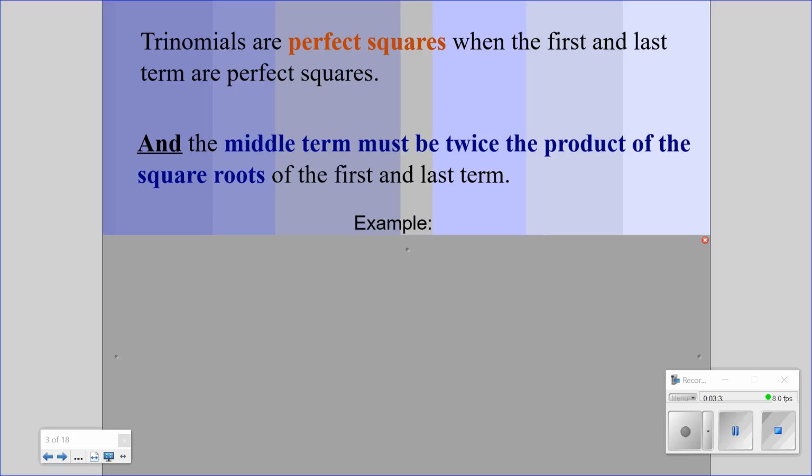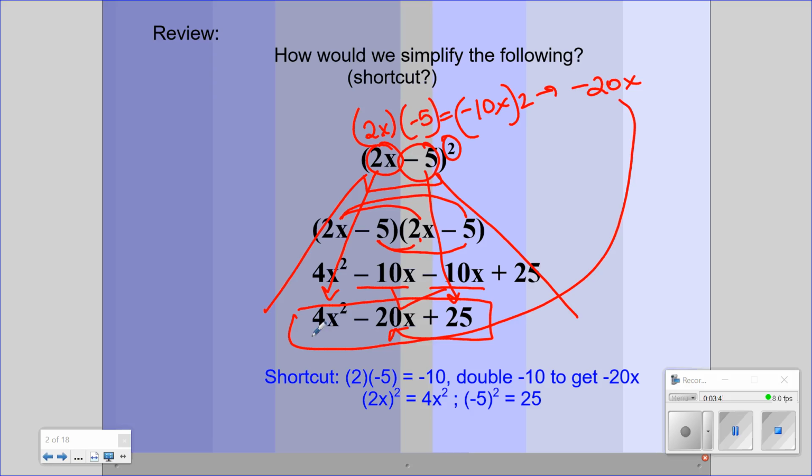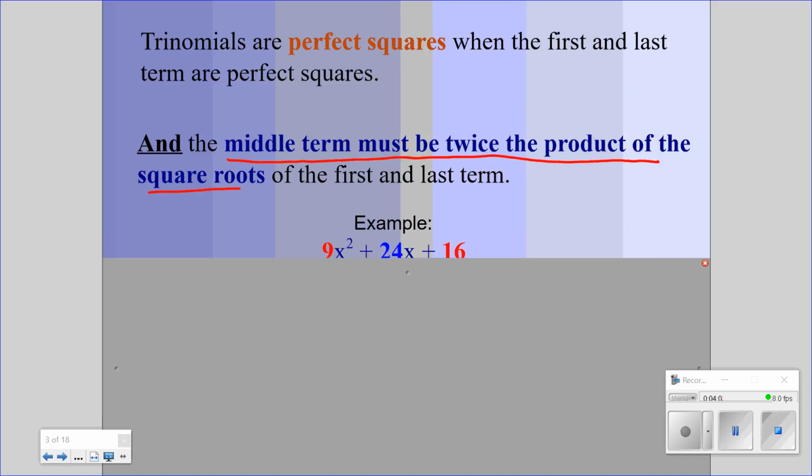Trinomials are perfect squares when the first and last term are perfect squares, and the middle term is twice the product of the square roots of the first and last term. So here you can see the first term is a perfect square, 4x squared, and I could take the square root of it. Positive 25 is a perfect square, and I could take the square root of it. And the middle term would be twice the product of the square roots. So let's break down what that looks like.